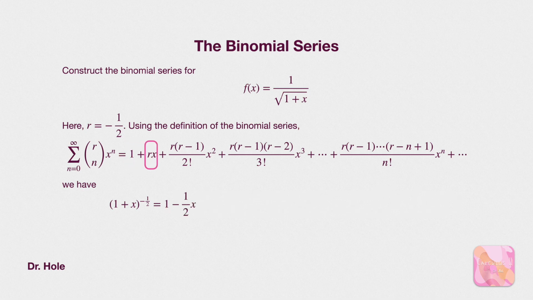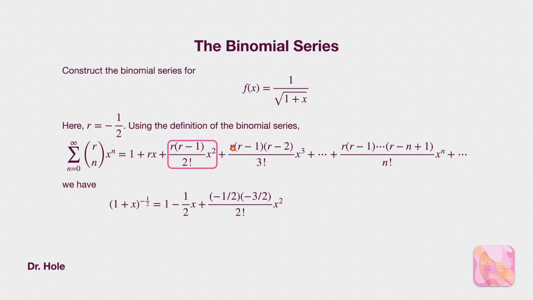Next, on the linear term, we're plugging in for r equaling -1/2, so we get -1/2 x. Likewise, plug in again. We'll have 2 factorial in the bottom. We'll have a quadratic x squared. Then the numerator will be -1/2, and then -1/2 minus 1 is -3/2.